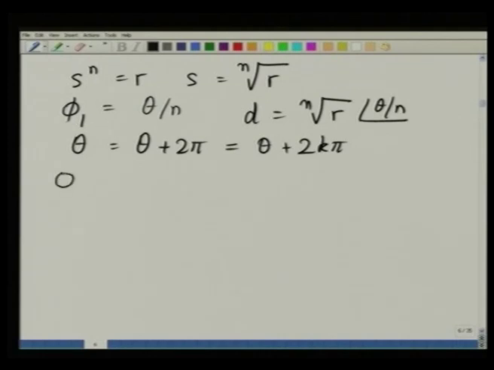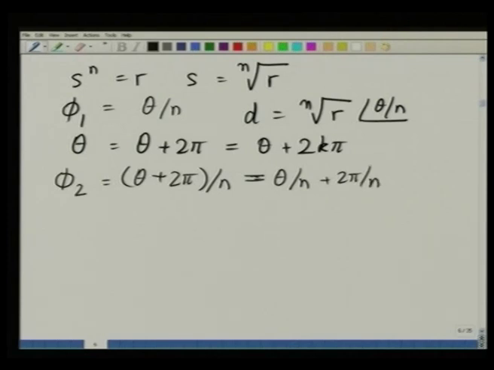Now, we can say that phi 2 is just theta plus 2 pi, the entire thing divided by n, which means phi 2 equals theta by n plus 2 pi by n.